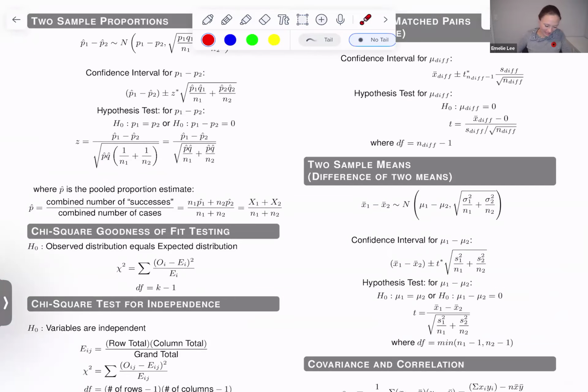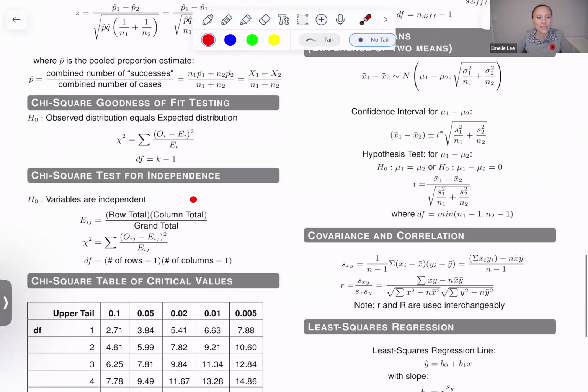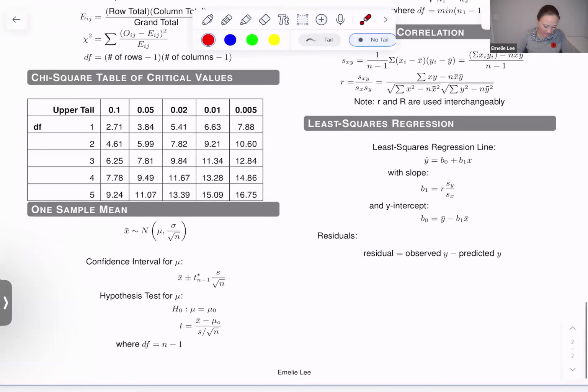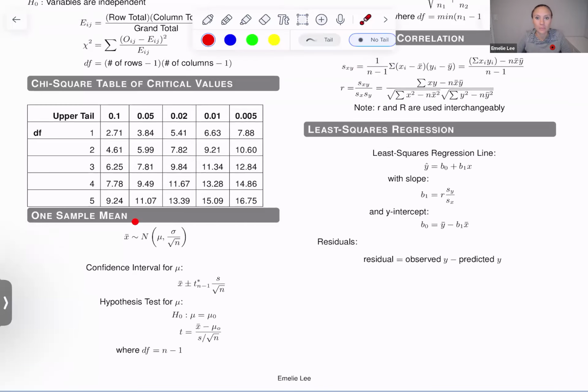Last day we did the chi-squared test of independence, and below that we have our mini chi-squared table, and then here you'll see we have the one sample mean. One sample mean is the newest type of question that we're going to talk about today. At first glance, it should look familiar, right? Same layout as we've seen in the other sections for the other types of questions.